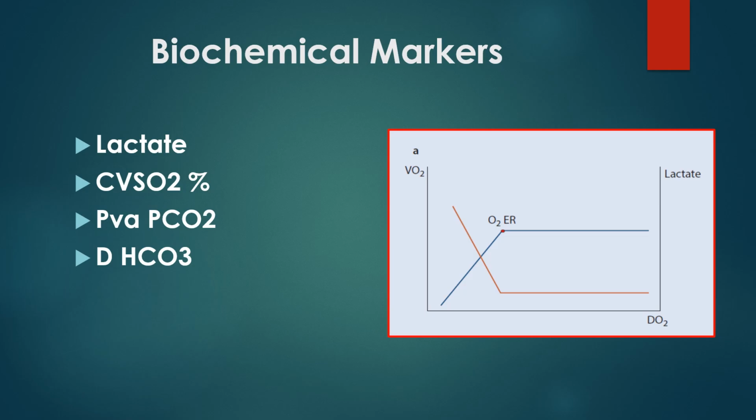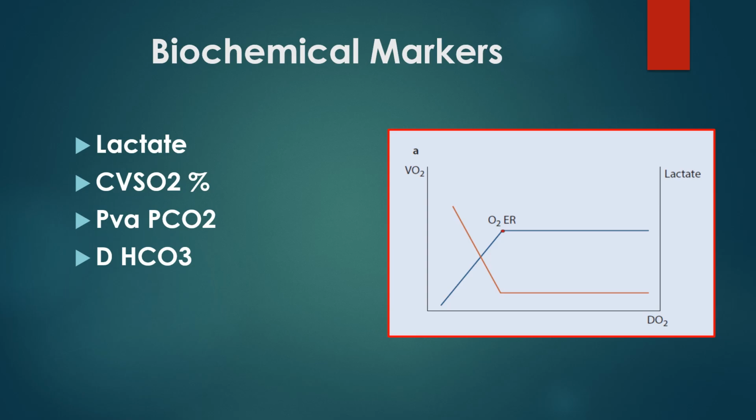Delta bicarb, or bicarb deficit or acid-base deficit, is also a marker of tissue hypoperfusion. Again, this results when the delivery is not enough to meet the requirement of the tissues, and the extraction ratio extends beyond the high limit that the body can do, reaching the critical extraction ratio.